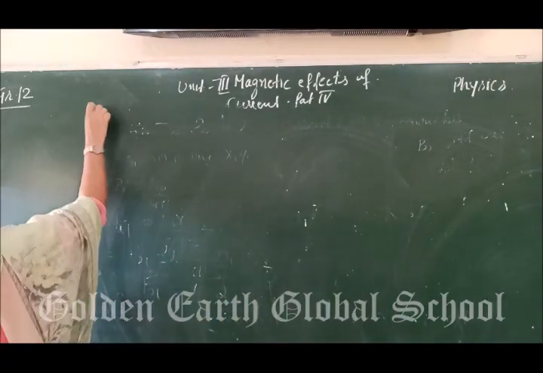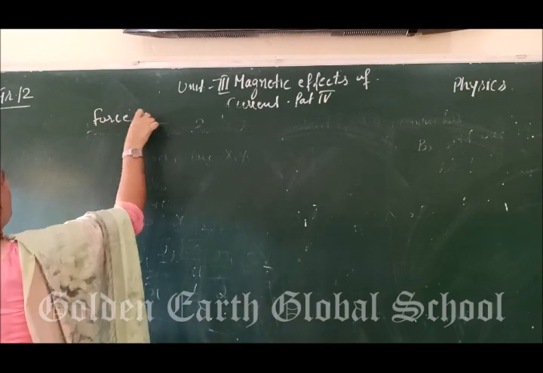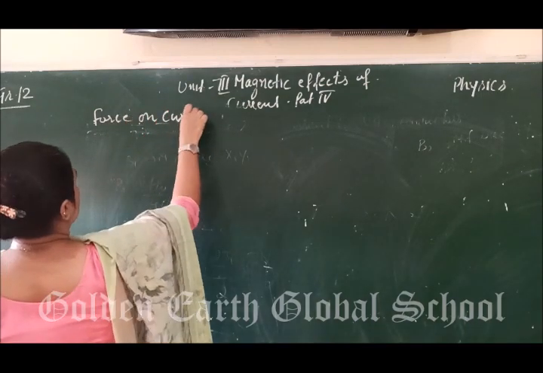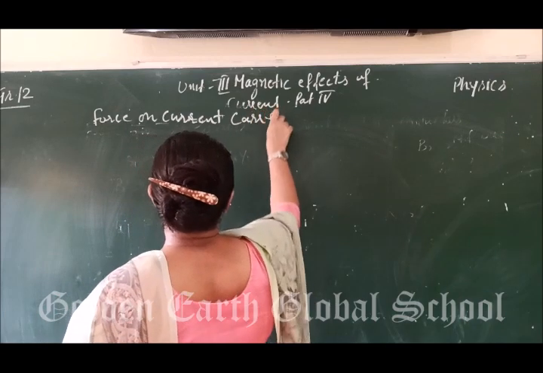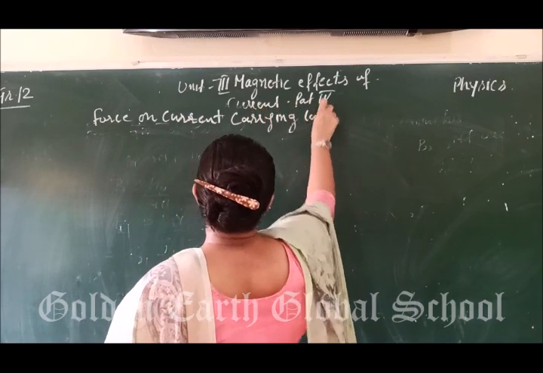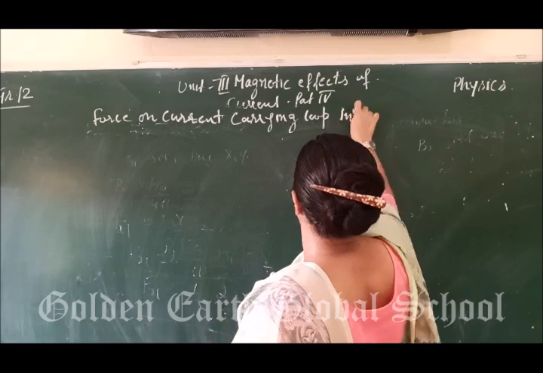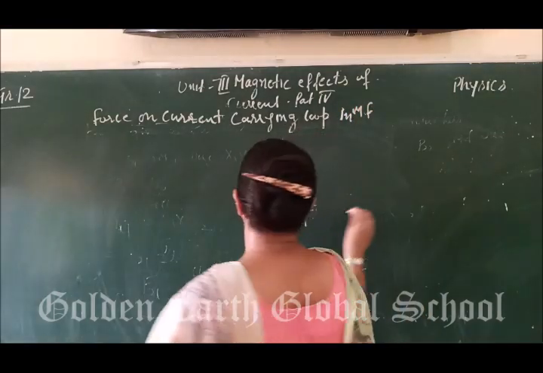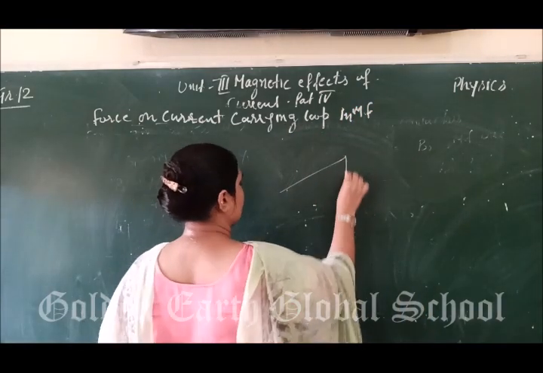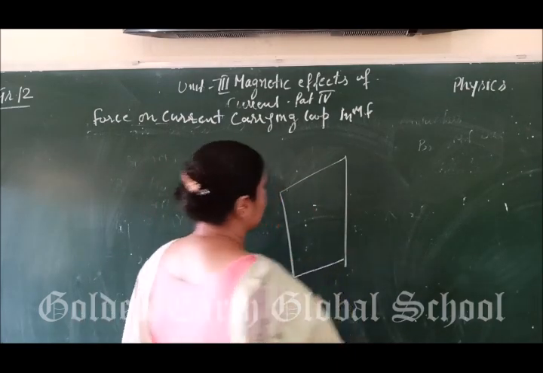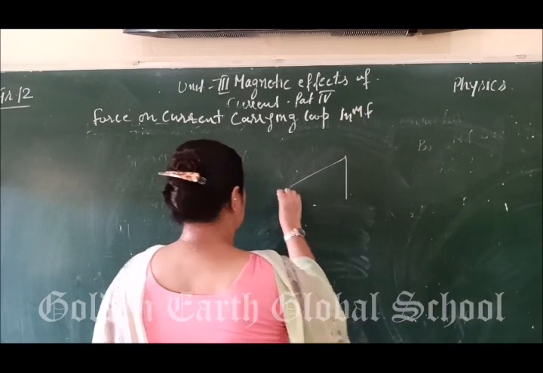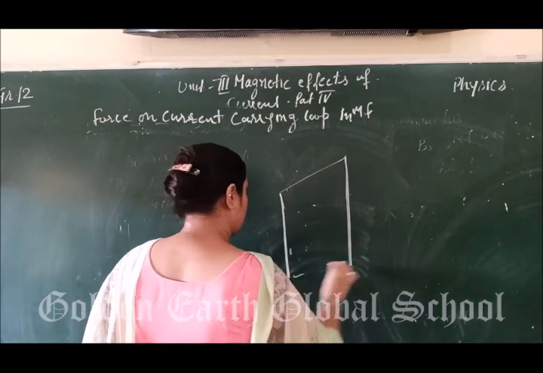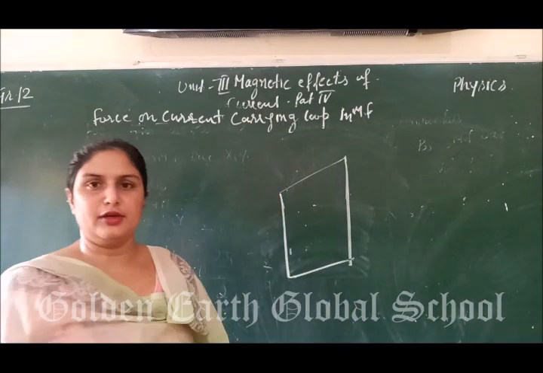Next is the force on a current carrying loop in a magnetic field. Let us suppose this is any rectangular loop.